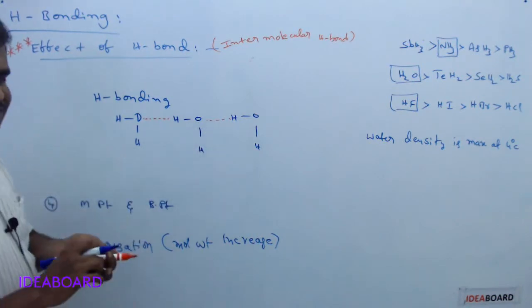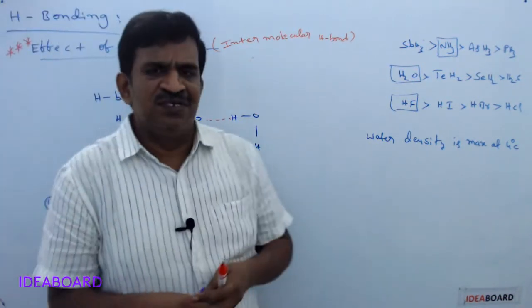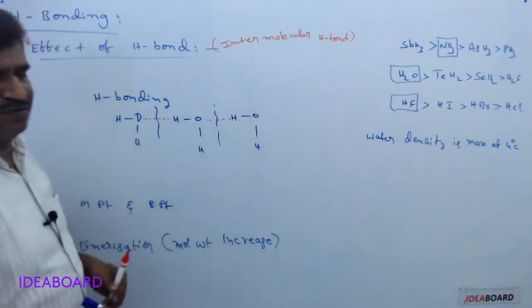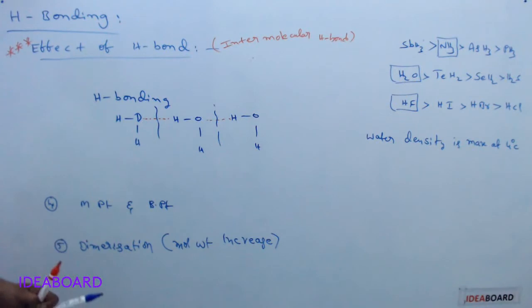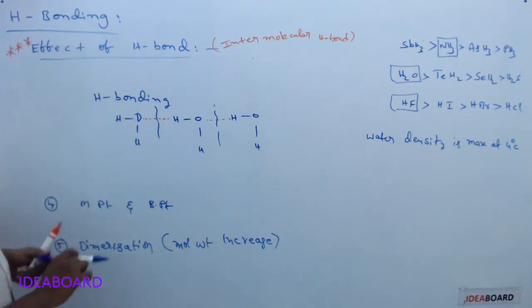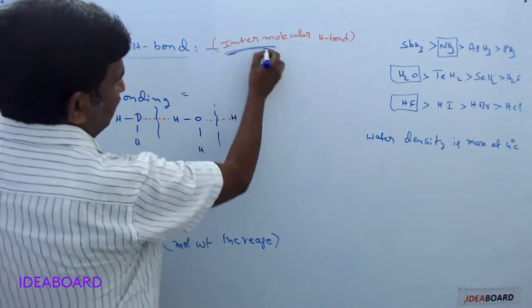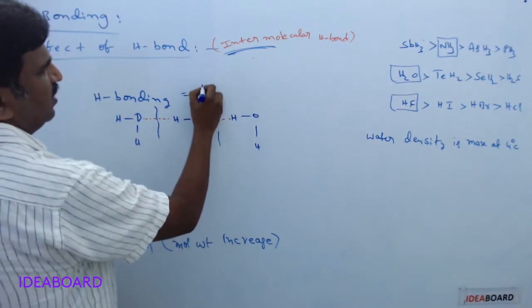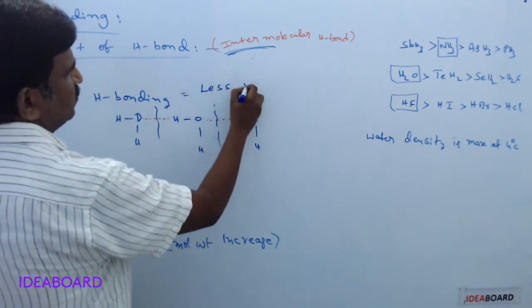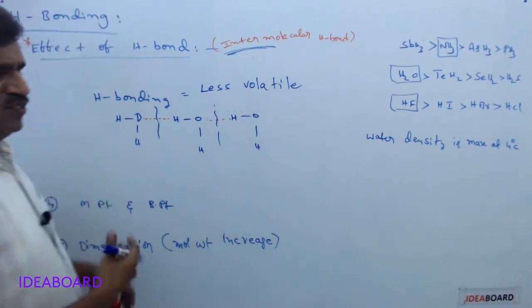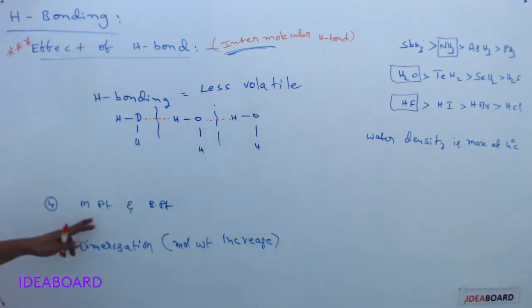Because of the increased number of bonds between molecules, more energy is required to break them, so it requires high temperatures to break and become volatile. Due to intermolecular hydrogen bonding, they become less volatile, so they have high melting and boiling points.